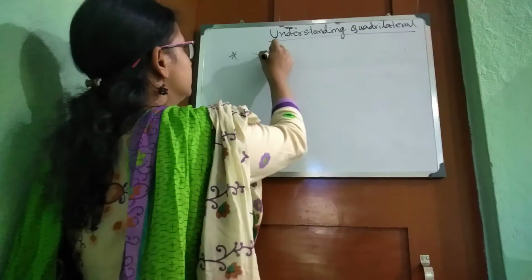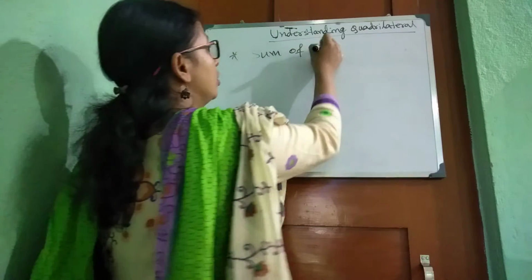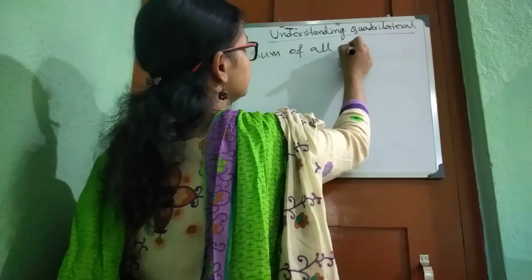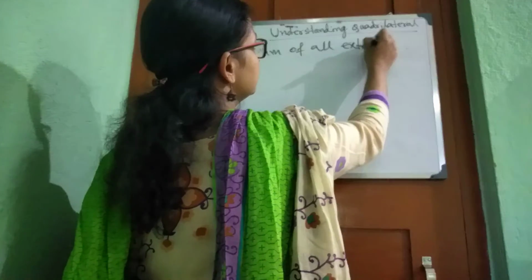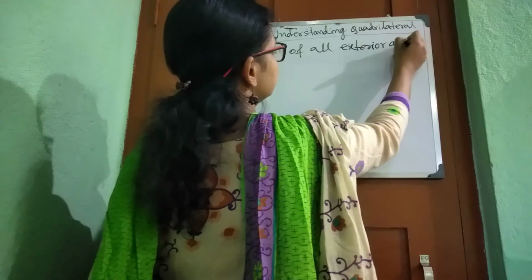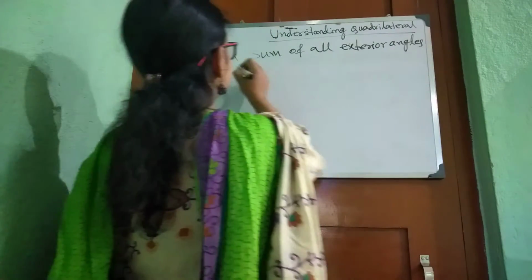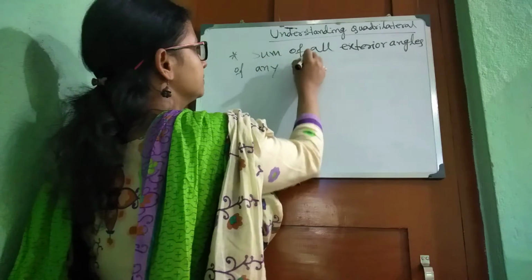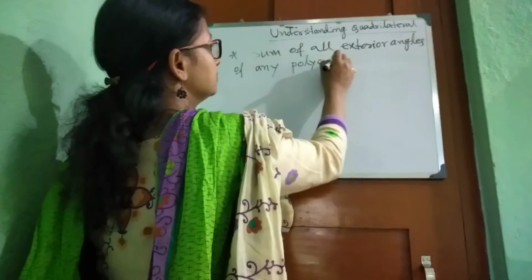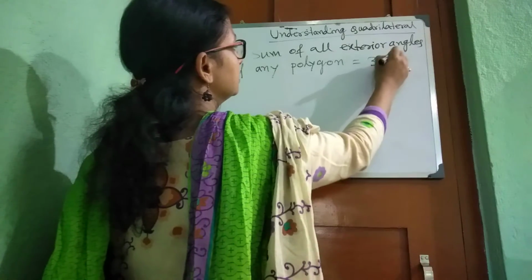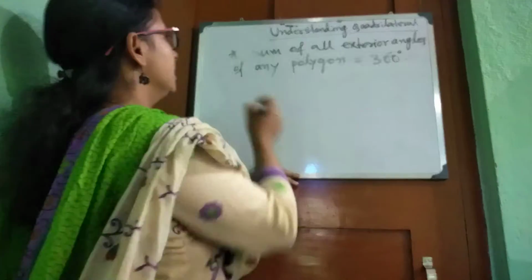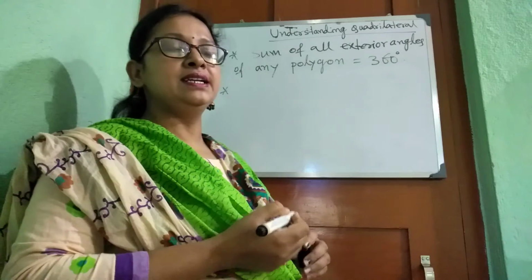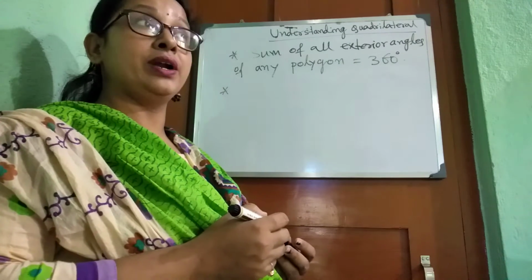Sum of all exterior angles of any polygon is 360 degree. Okay, and one more formula: there is one relation between one interior angle and one exterior angle for any polygon.